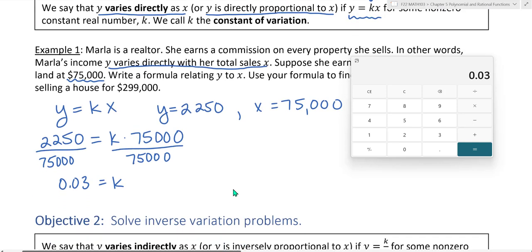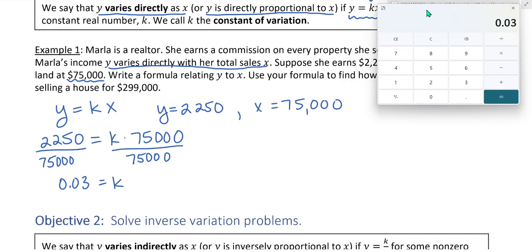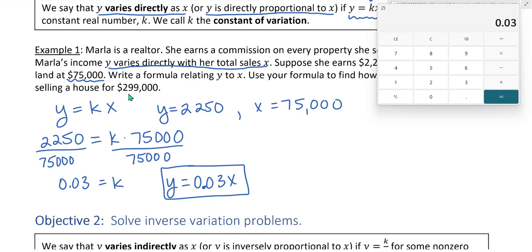All right, so now we know y equals 0.03x. To figure out her earnings from selling a house for $299,000, we can plug into that formula.